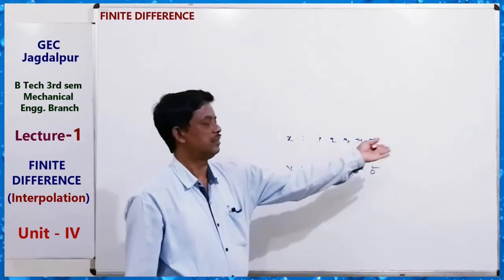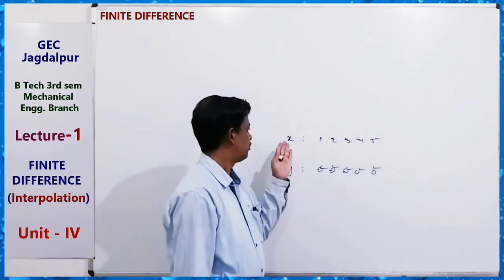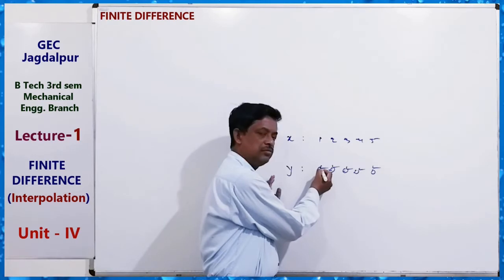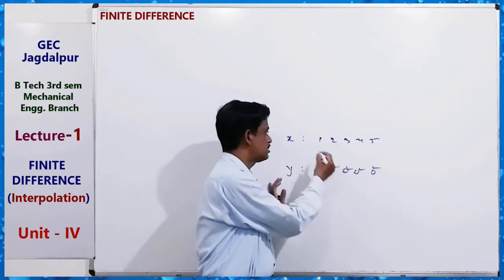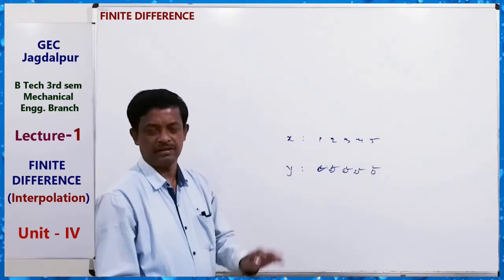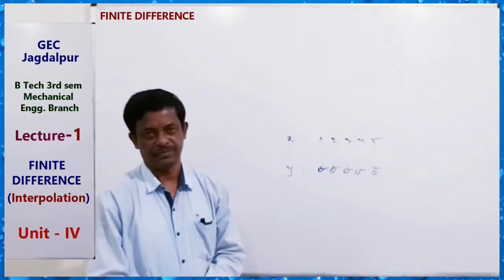We have this step: for x equals 1 we have this value, for x equals 2 we have this, and we just have this step only.